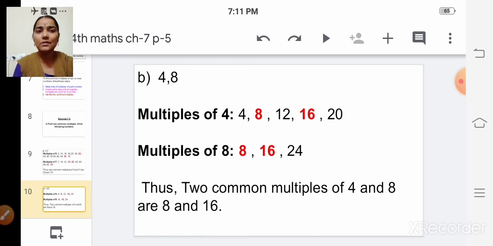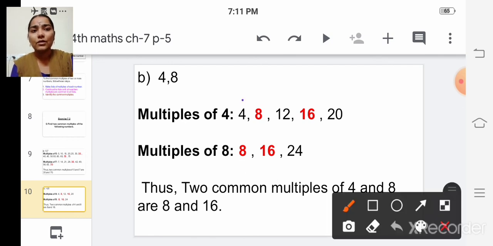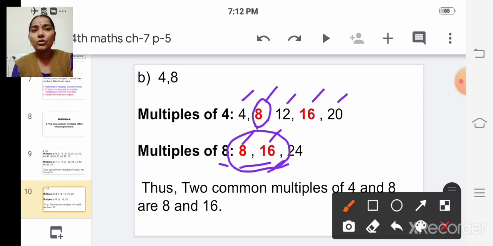So multiples of 4 are 4, 4 2s are 8, 4 3s are 12, 4 4s are 16, 4 5s are 20. And multiples of 8, 8 1s are 8, 8 2s are 16. So here itself we got two common multiples, isn't it?